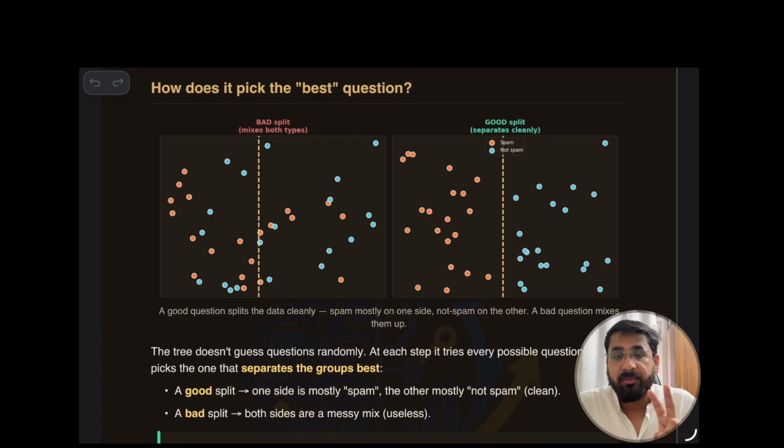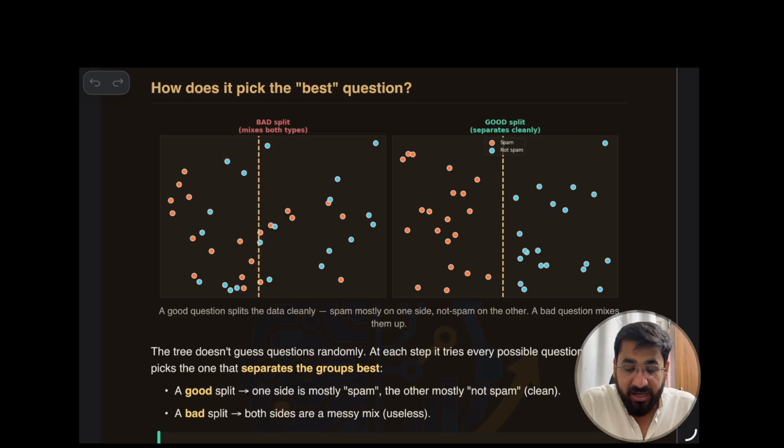You have two types of balls. On the left side you can see, if I ask you how smartly these balls are segregated, some balls are orange, some balls are blue, and they are intermixed.